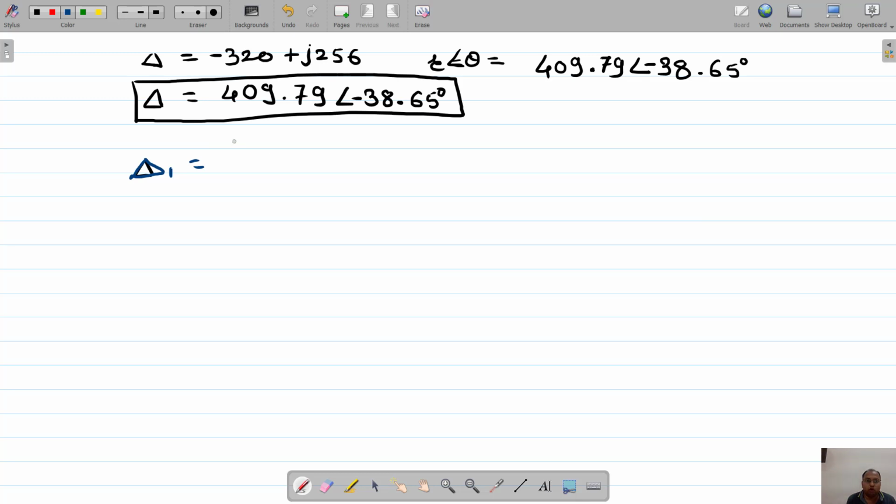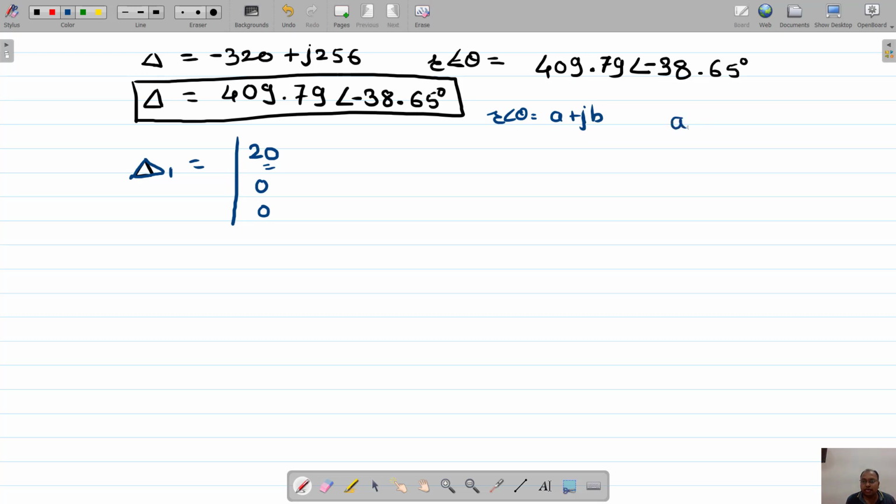Delta 1 can be found out by simply replacing the first column by constant terms. So 20 angle 0. Remember that we need to convert this again in terms of a plus jb form. Right now we have r and theta for this particular 20 angle 0.